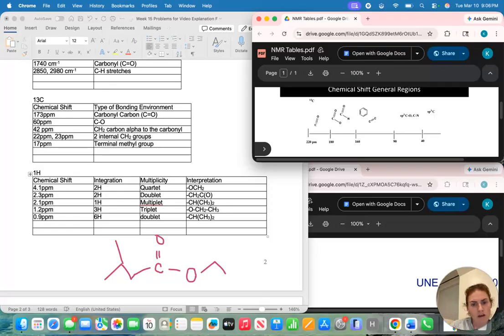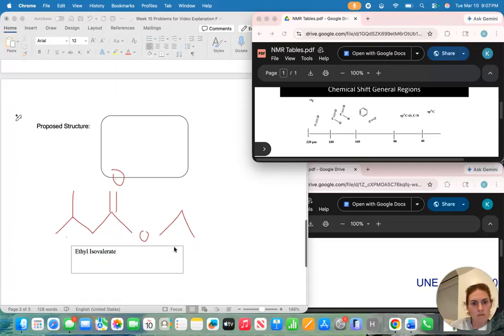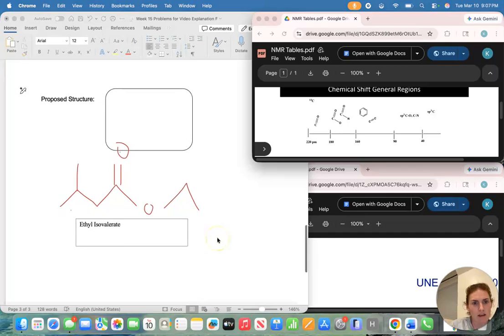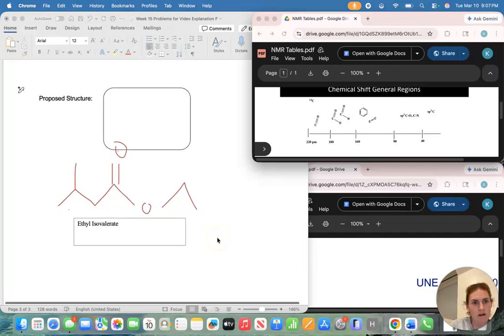It should be 8, and then 6 hydrogens, so 14 hydrogens, and we've got 2 oxygens. We scroll down here, we'll be able to see a cleaned up version of it, and this is our structure, ethyl isovalerate.